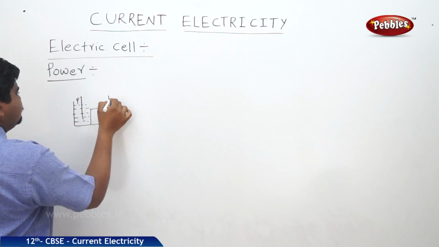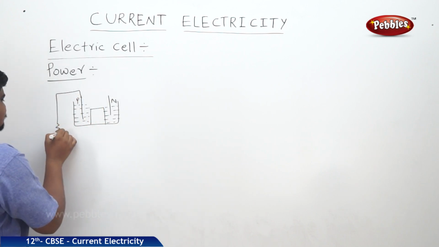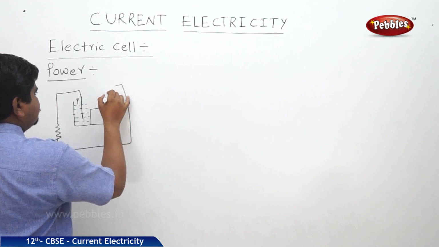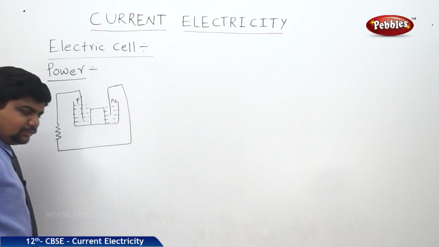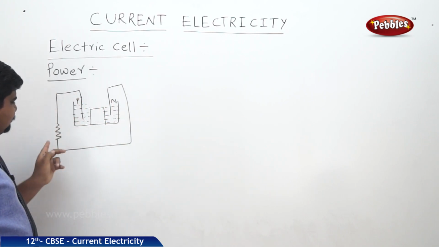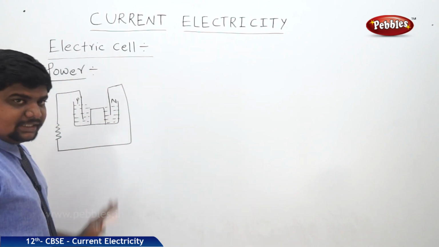Next, this positive and negative terminal is connected to a resistor, and the circuit is closed like this.